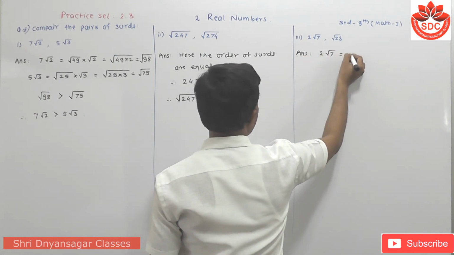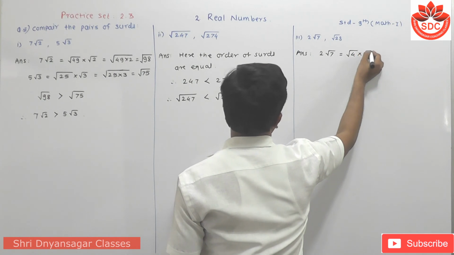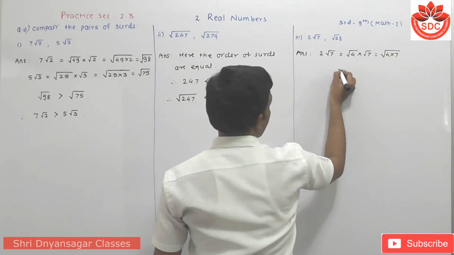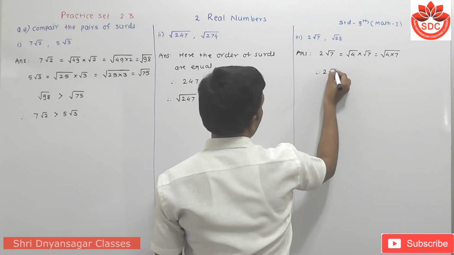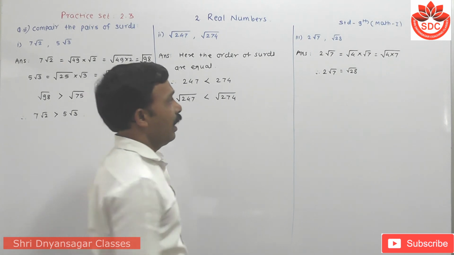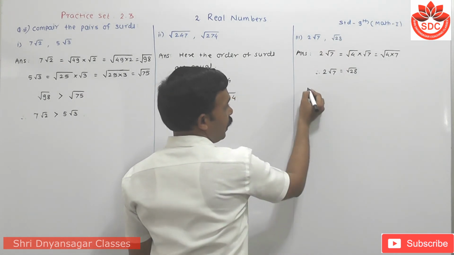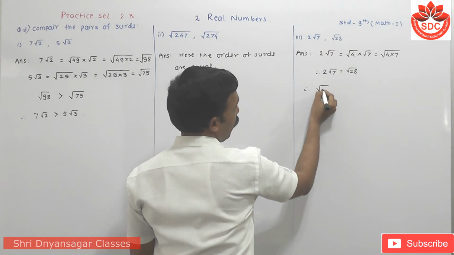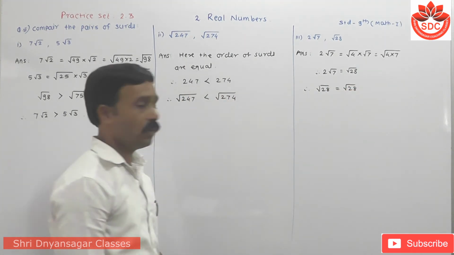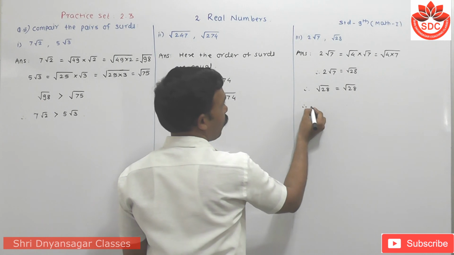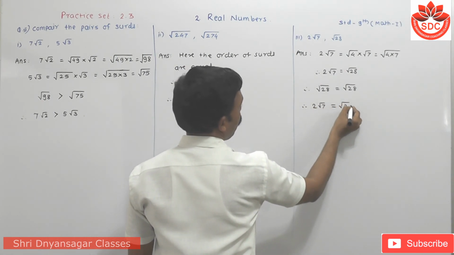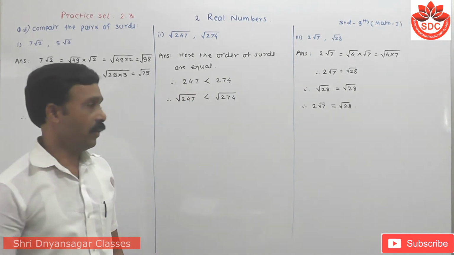I will write this as root of 4 into root of 7, means root of 4 into 7 is equal to root of 28. And also given here is root of 28, means that these two are equal. Therefore 2 root of 7 is equal to root of how much? 28. Can you understand this?